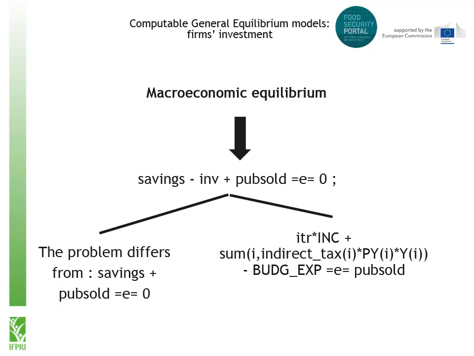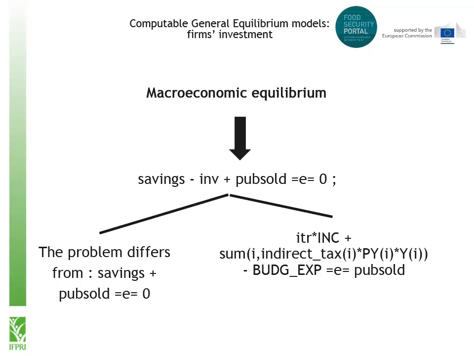So this is a policy shock. If you let the public sold vary, it means that you've got a second policy shock. Why? Because it's a Keynesian policy, boosting activity with an increase in, for example, the public sold.